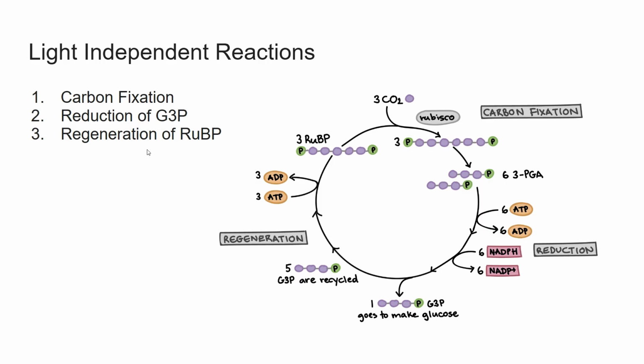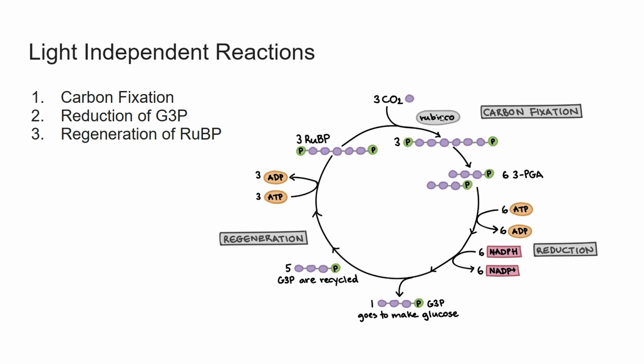So now the light-independent reactions. There's carbon fixation, reduction of G3P, and regeneration of RuBP. It starts off with ribulose bisphosphate, which is a 5-carbon compound, 1, 2, 3, 4, 5, with 2 phosphates.